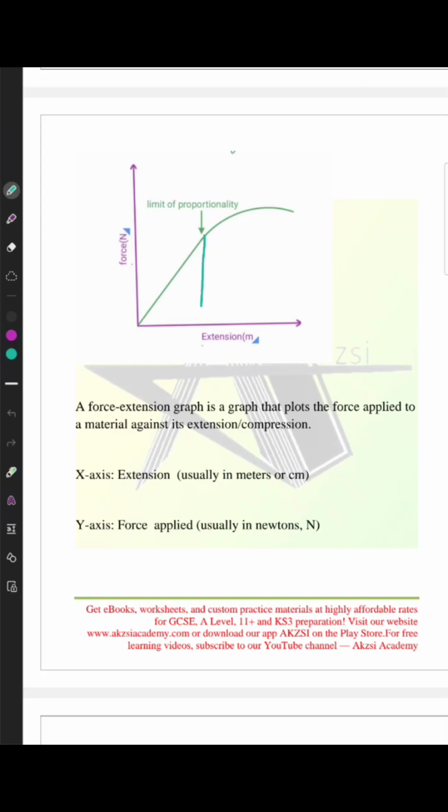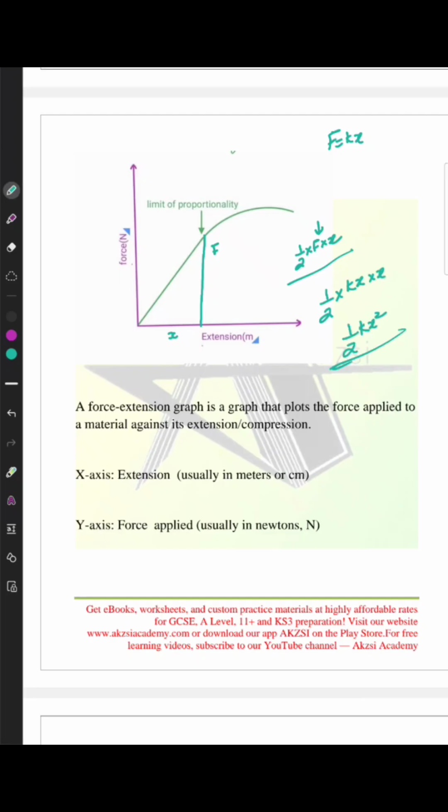Draw a straight line, you'll get a triangle, and the area of the triangle will give you the answer. Let's say this is the extension x and this is the force F. So you get half times F times x. And from here we find this equation, half kx squared, because we know F equals kx. When I replace F, it gives me half times k times x times x, which is half kx squared.